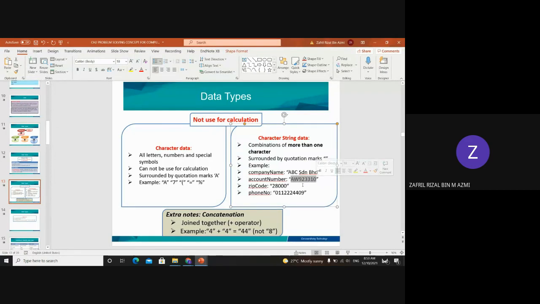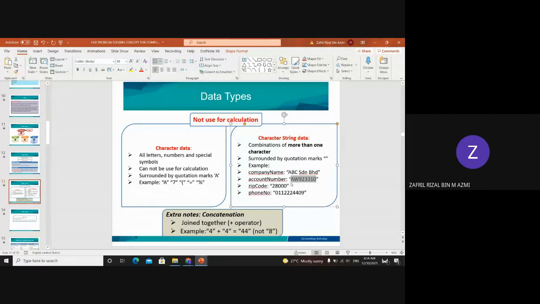How about this account number? Can I declare it as a numeric value? The answer is cannot.